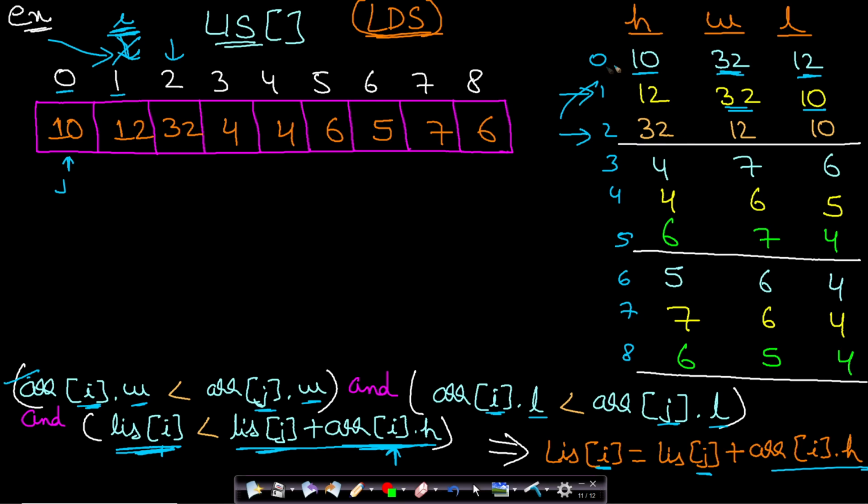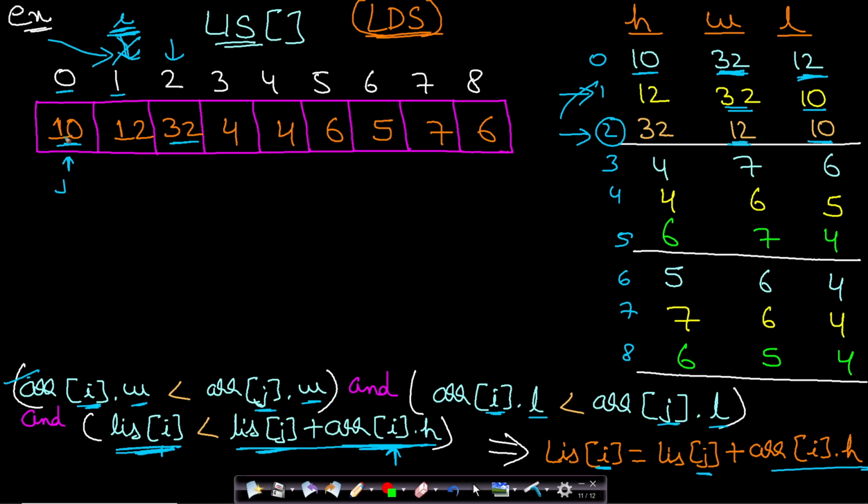So if we look at this box 0, then 32 is larger than 12 and 12 is larger than 10. Therefore this is a decreasing sequence, right? Dimensions as compared to this one, right? So this box 2 can be stacked on top of box 0. So box 0 is having height equals to 10 and box 2 is having height equals to 32, right?